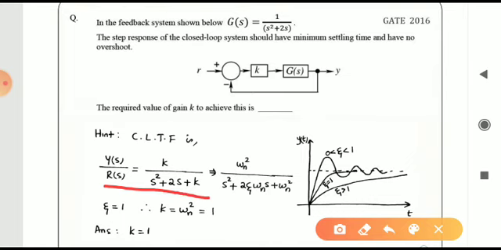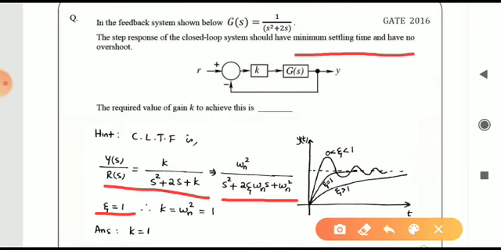Now by comparing with the standard closed loop transfer function of second order system, it is omega n square divided by s square plus 2 zeta omega n s plus omega n square. Now as per the given question, the system response should be minimum settling time and have no overshoot. It happens when zeta equal to 1, that is for the critically damped case.